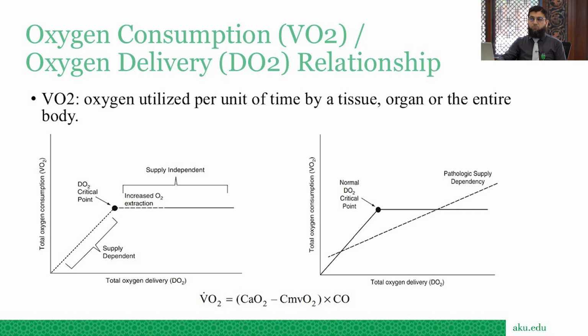That shows that these patients will require more oxygen delivery. You need to increase the oxygen carrying capacity of these patients, as well as improve the cardiac output to meet the oxygen demand which these patients usually develop.